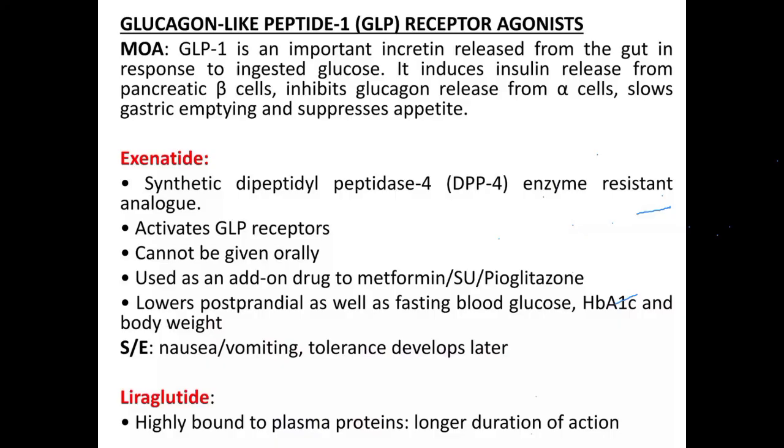So the appetite-increasing quality of the patient is decreased, and the glucose from outside is stopped. As soon as the glucose from outside is stopped, the insulin released from the pancreatic beta cell is also stopped. That is how glucagon release from the alpha cell is inhibited and gastric emptying is also slowed down. So this was all about the mechanism of action of the glucagon-like peptide 1 receptor agonist.